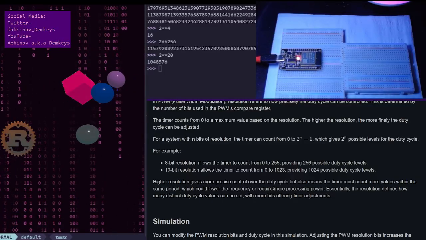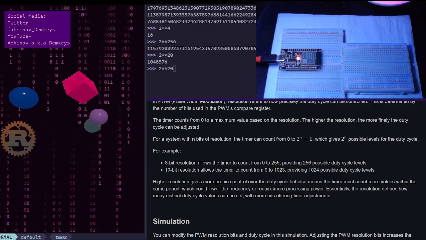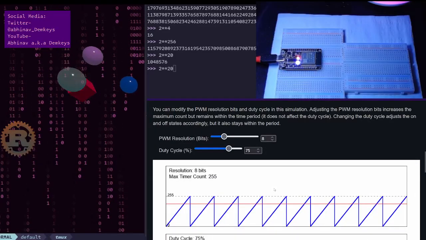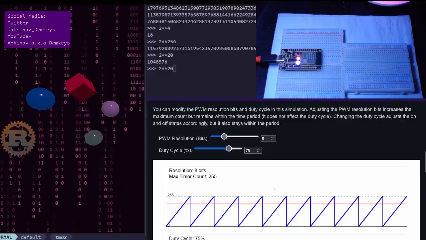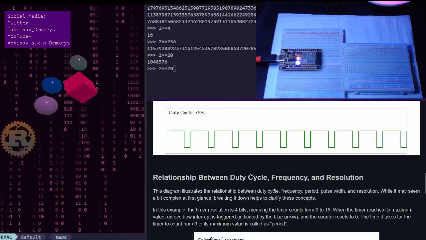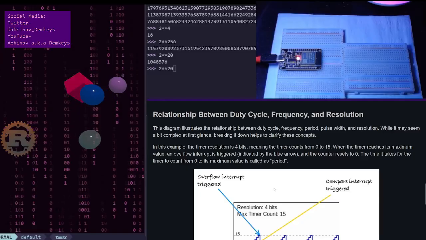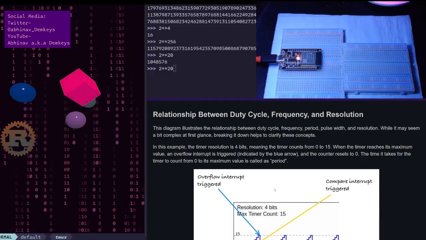Now, if we do a max of 20 bits, I don't know what the max resolution is. I don't remember where I got this 20 thing from. It was definitely mentioned in the TRM as well.